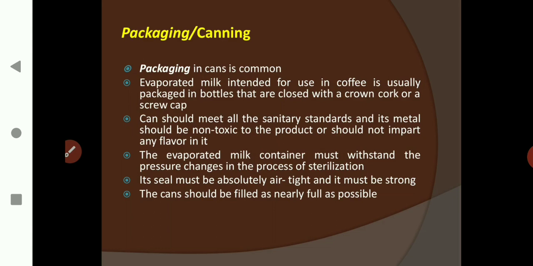Then the evaporated milk container must withstand the pressure changes in the process of sterilization, otherwise it will flip, or the shape will change. Its seal must be absolutely airtight and strong, because we are sterilizing the cans, and cans should be filled as nearly full as possible.